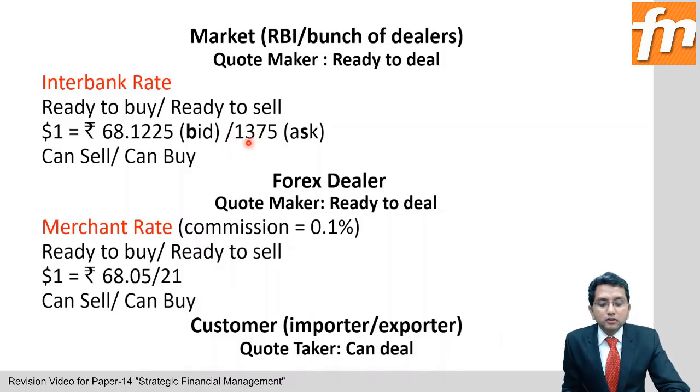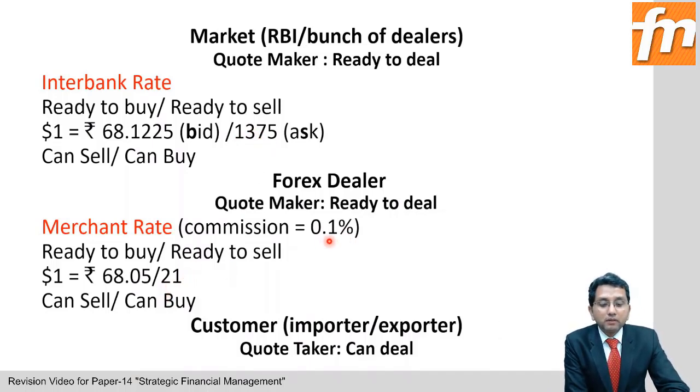We will sell dollars to you at 68.1375. In turn, forex dealer will not reply to the customer with that rate. It will say we will sell dollars to you at 68.21.